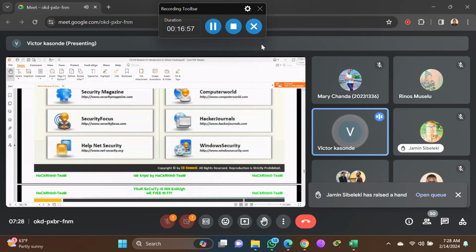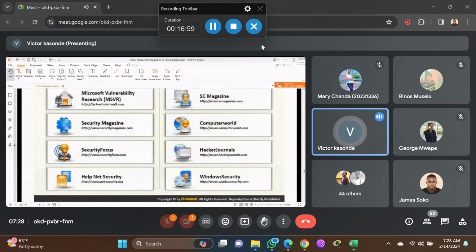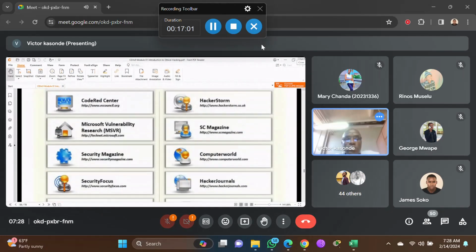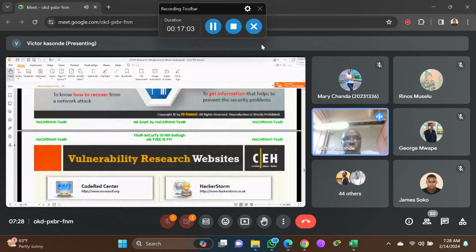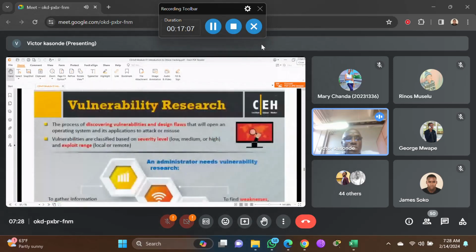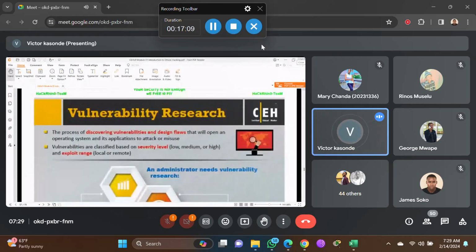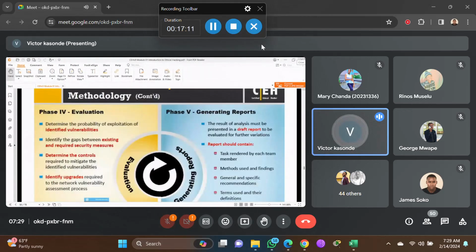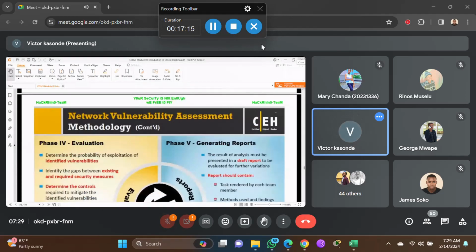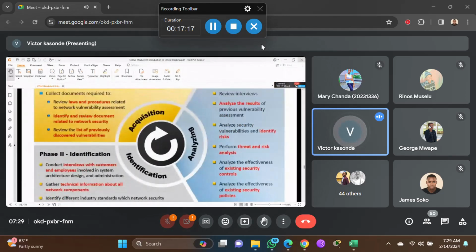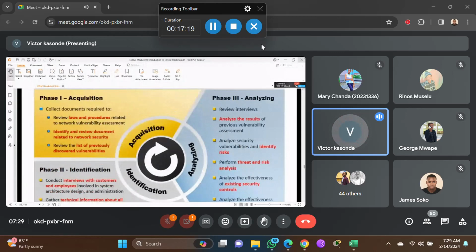Before we go there, someone said she didn't understand something. What did you say you didn't understand, madam? On acquisition. Acquisition is just a simple thing: collect the documents required to review laws.